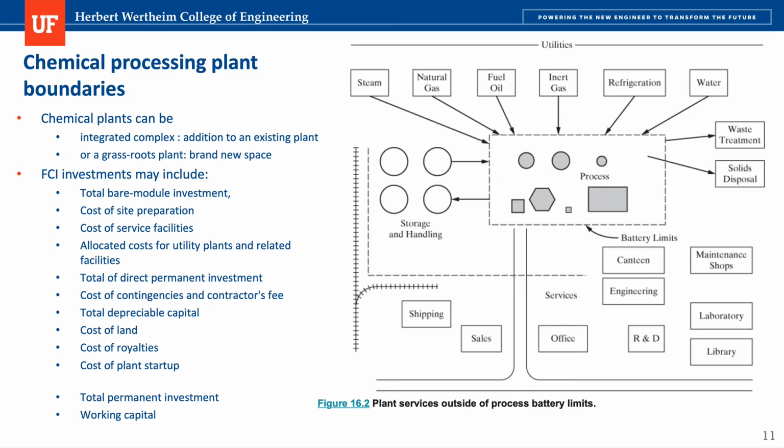You also have different areas where the people that work in your company need to be able to do their work. You may have the sales department, the shipping area, the offices, the admin offices, a cafeteria, maintenance shops, a laboratory, a library, maybe an R&D office, maybe the engineering area.